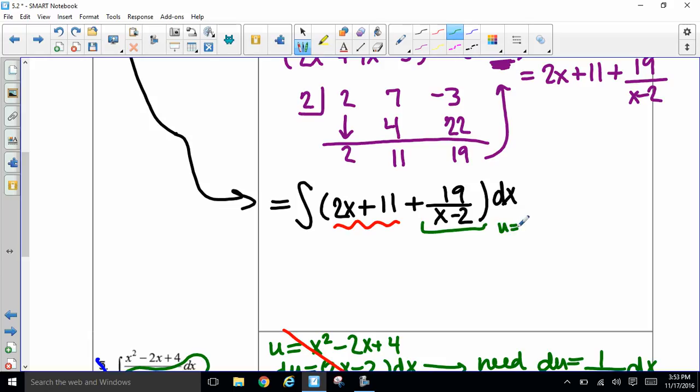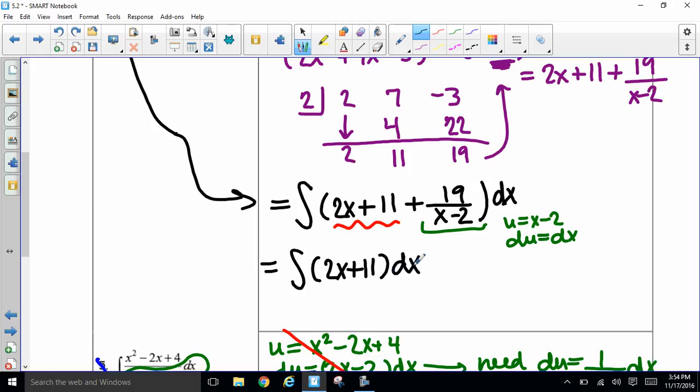So if u equals x minus 2, then du equals dx. And so I can change this into the integral of the (2x + 11) dx plus the 19, which I can bring out as a coefficient, and then 1 over u du.